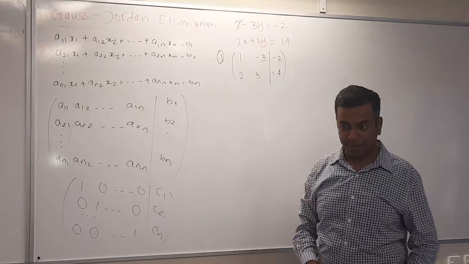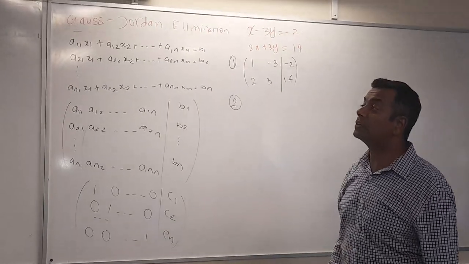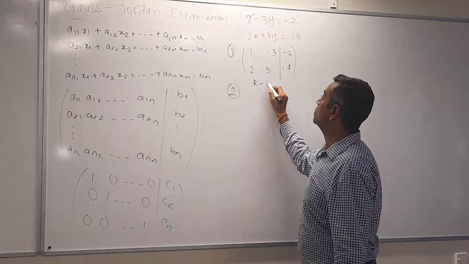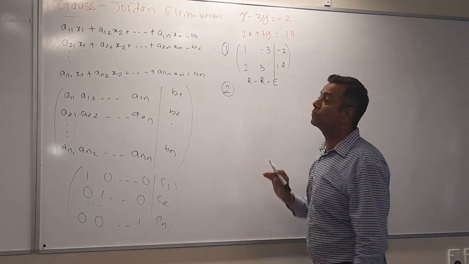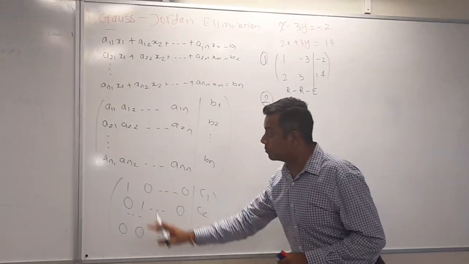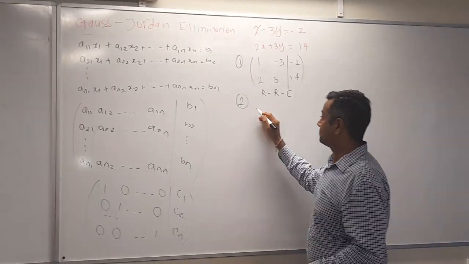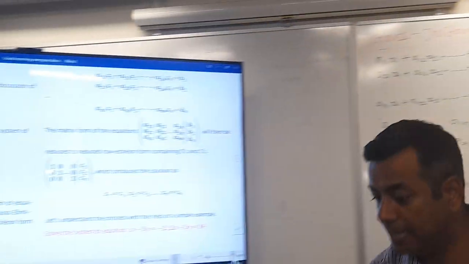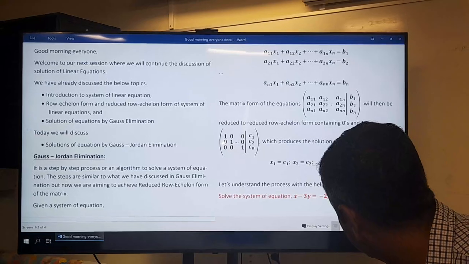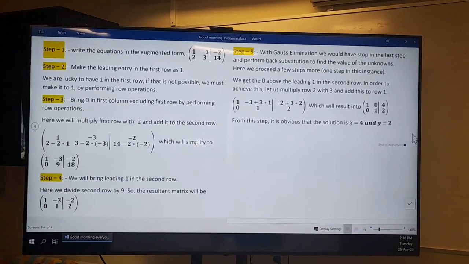That's our first step. Moving on, what we will do is convert this into reduced row-echelon form, which looks like only 1s and 0s. We should have a leading 1. As you can see, the steps are on the screen as well. That's our augmented form.